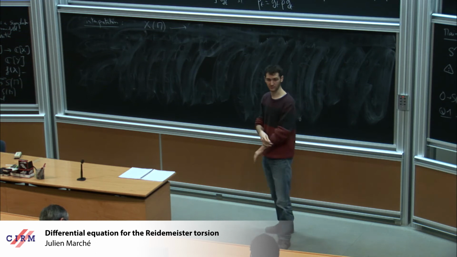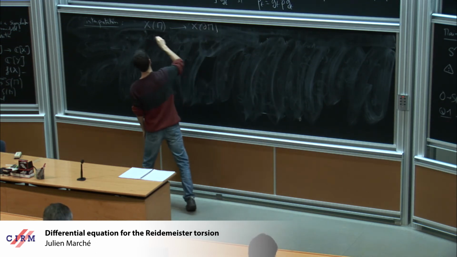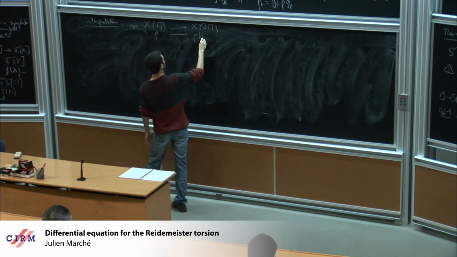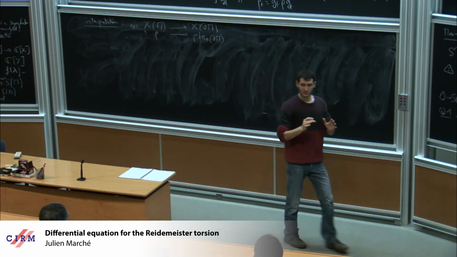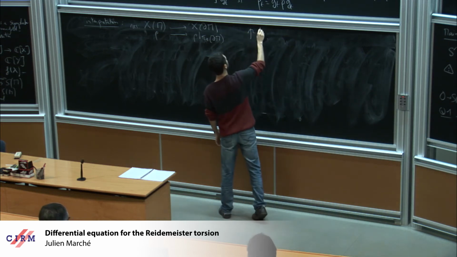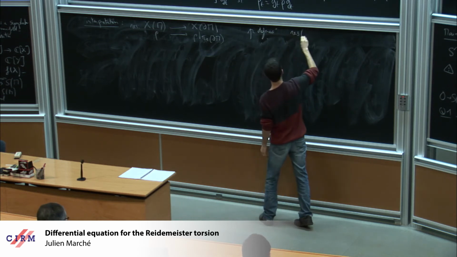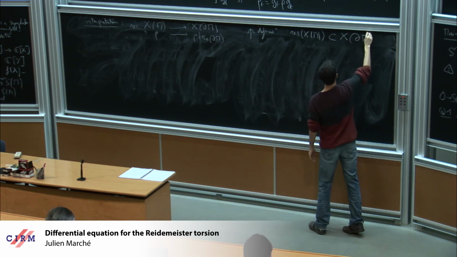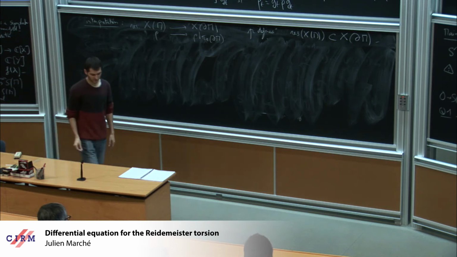Look at the restriction of this representation to the boundary. I call it res. It's rho restricted to the pi1 of the boundary of M. This is a natural algebraic map. And P defines the image of the restriction of X of M inside the character variety of the boundary. So just the image of the restriction map.